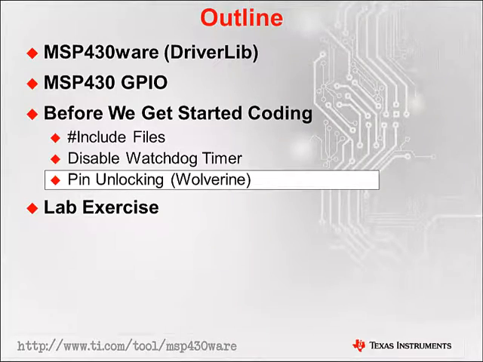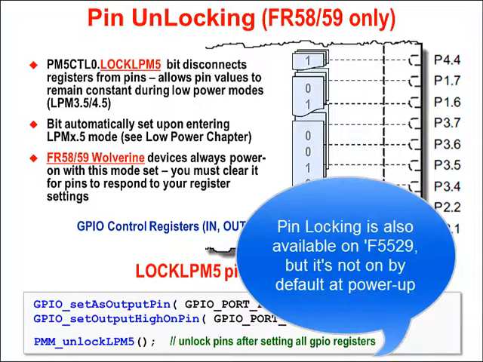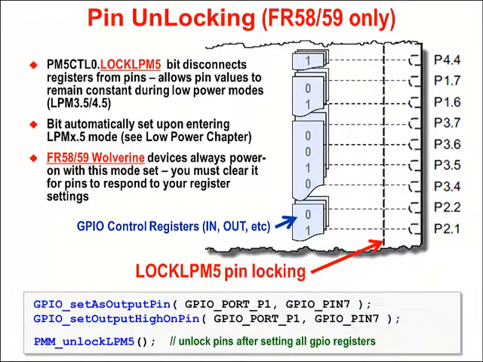And finally, the pin unlocking feature in the Wolverine devices. Now, this pin locking feature is actually available on additional devices. The 5529 has the pin locking feature. But what's important about the new FR58/59 series of parts, for example, the FR5969 device, is that this is turned on by default when we come out of reset.